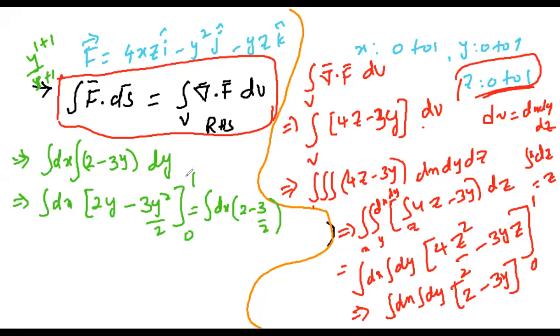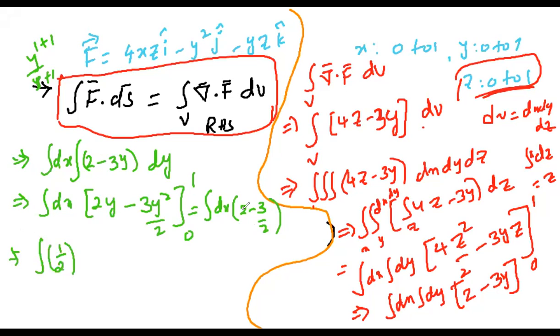Upper limit minus lower limit: I substitute the upper limit, getting 2 minus 3 by 2, minus the lower limit, which is completely 0. So 2 minus 3 by 2 means 1 by 2. That's it.